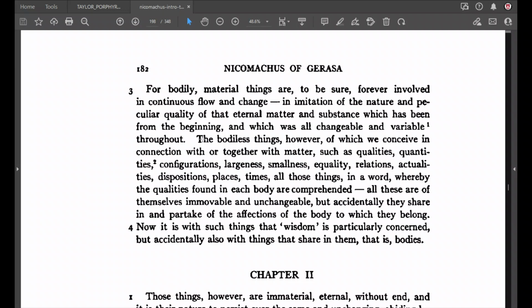So in chapter 1 here, that's the end of chapter 1. In chapter 1, we're introduced to the teaching of Pythagoras, and I know that at this time of the day, this may be difficult for you to concentrate on.